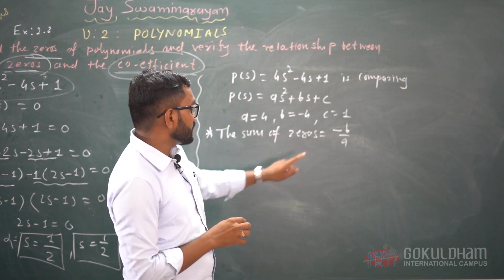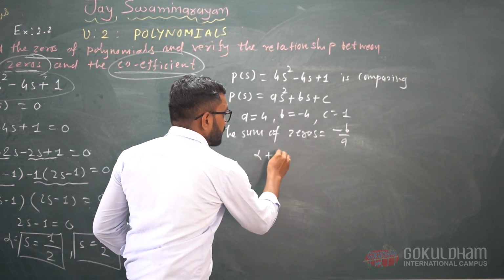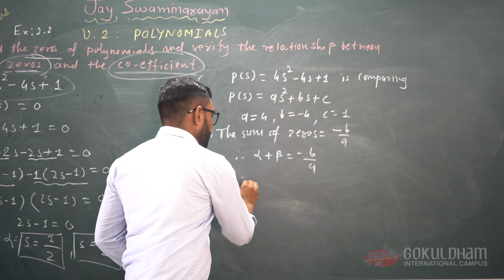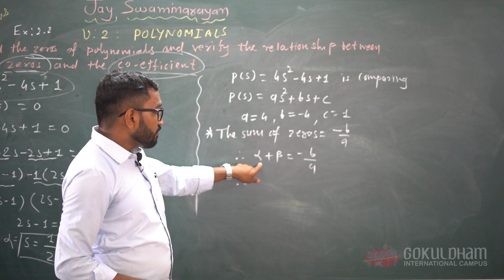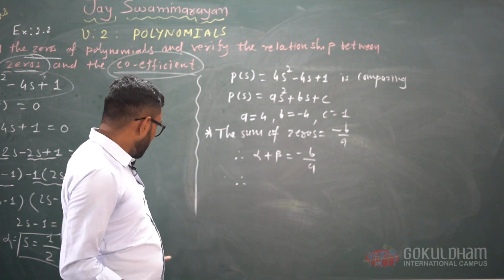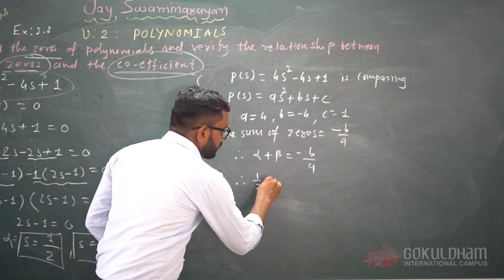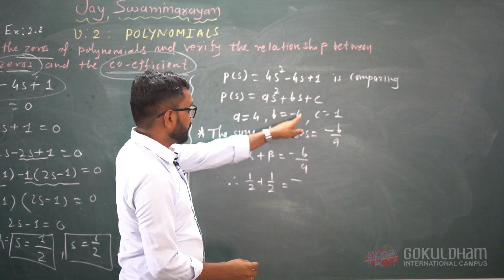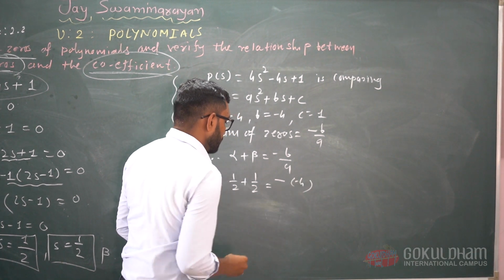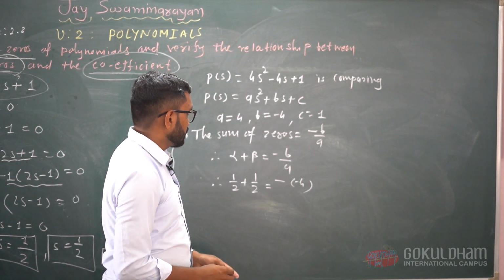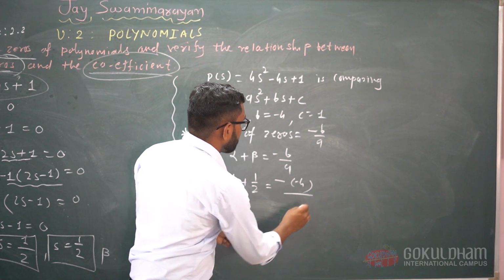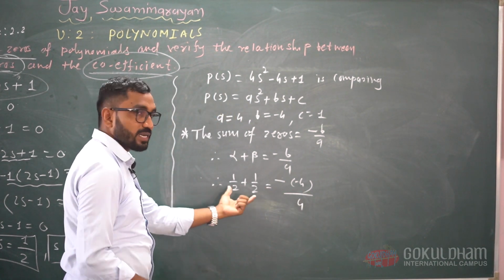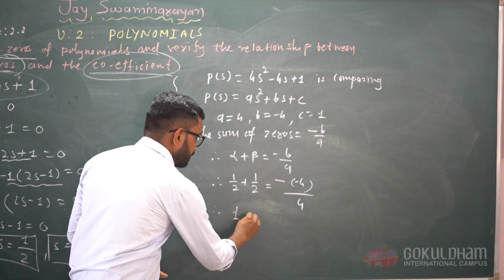The sum of zeros equal to minus b by a. The sum of zeros means alpha plus beta equal to minus b by a. The values of alpha and beta are the same, both 1 by 2. Therefore 1 by 2 plus 1 by 2 equal to minus the value of b, minus 4, over the value of a, which is 4. 1 by 2 plus 1 by 2 means 1.